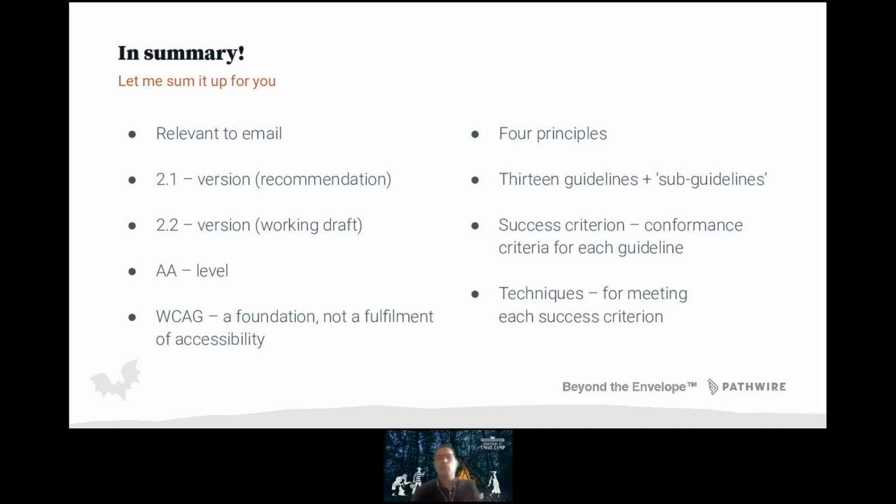But it's important to remember that WCAG is a foundation and not a fulfillment of accessibility. Within WCAG, there are 4 principles and 13 guidelines and sub-guidelines, as I call them. The success criteria are the conformance criteria for each guideline, and the techniques are there for meeting each success criterion.